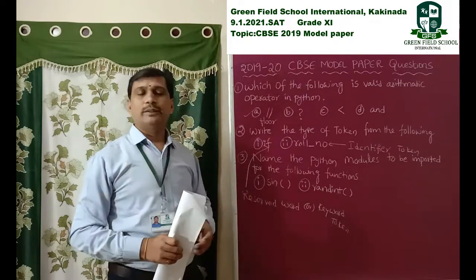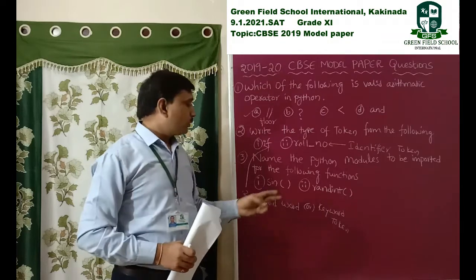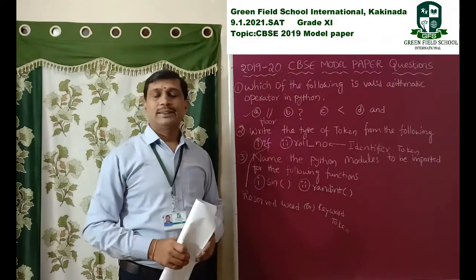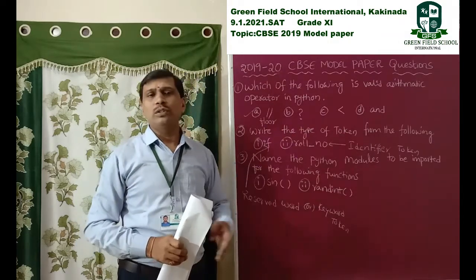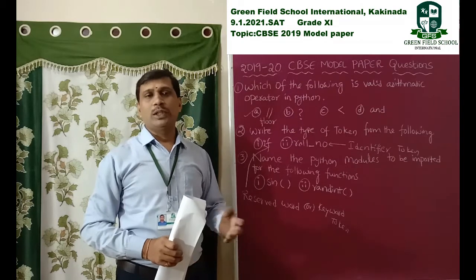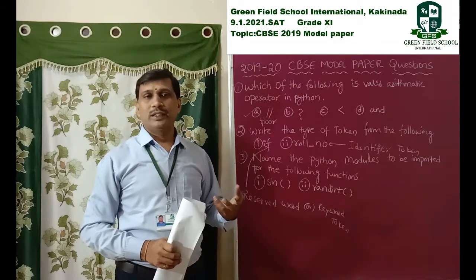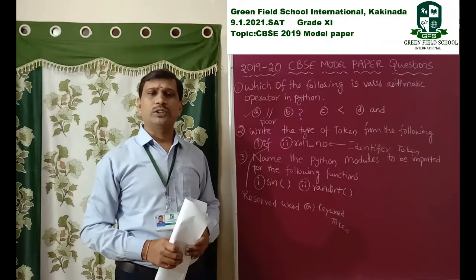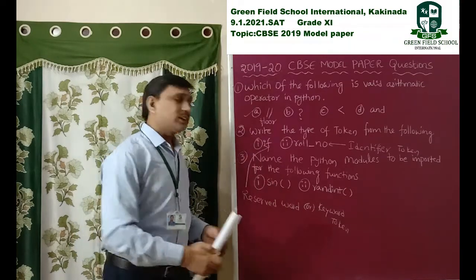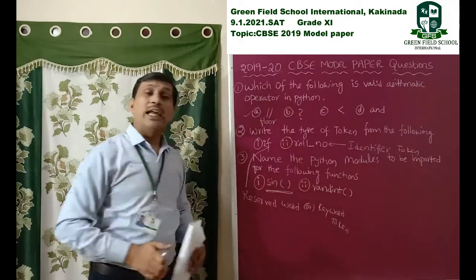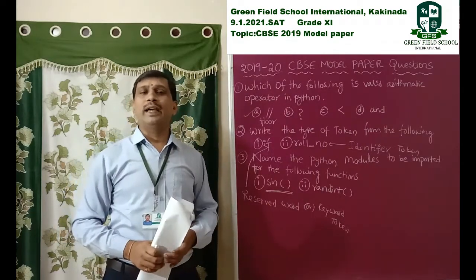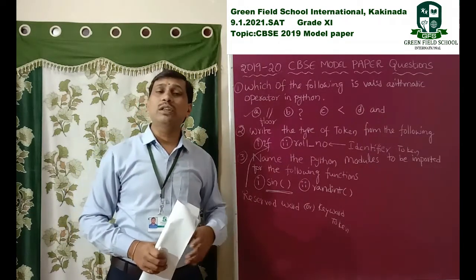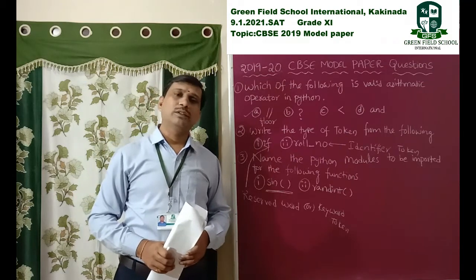Here they asked two methods. These methods belong to some modules. We write which modules these functions belong to. See, this one is the sin function. The sin operation, a sin method, a function belongs to mathematical operation.